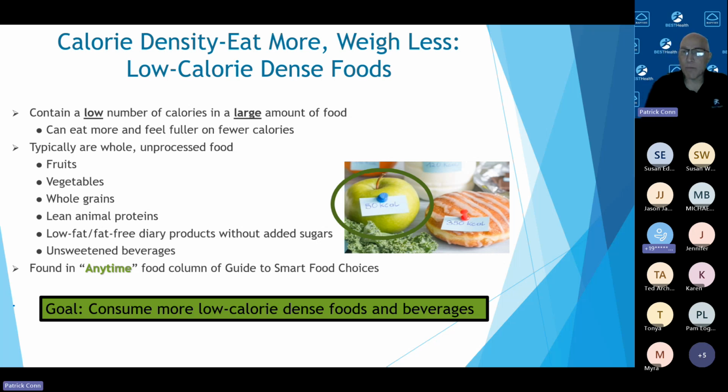Examples of lean animal proteins? Well, you can break it down. You've got your meats, like beef, pork, and lamb. With beef, pork, and lamb, you want to focus maybe on a tenderloin, or if it's ground beef, get at least maybe 93%, if not leaner, ground beef.